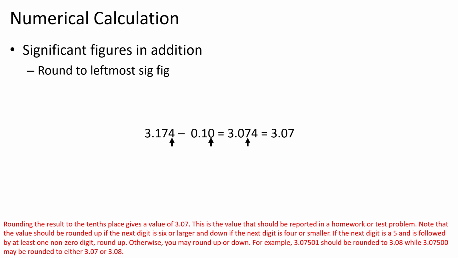Note that the value should be rounded up if the next digit is 6 or larger, and down if the next digit is 4 or smaller. If the next digit is a 5 and is followed by at least one non-zero digit, round up. Otherwise, you may round up or down. For example, 3.07501 should be rounded to 3.08, while 3.07500 may be rounded to either 3.07 or 3.08.